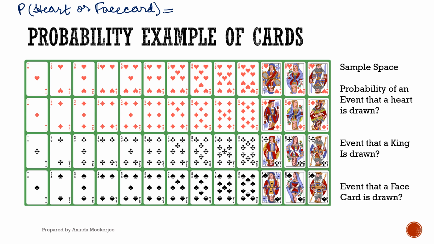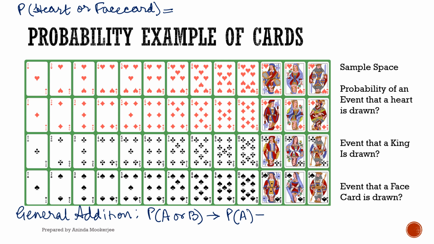The general addition rule states, and I'm going to write it down here at the bottom, the general addition rule says that the probability of A or B occurring would be calculated using the formula probability of A plus probability of B, and from that subtract the common events, the probability of the events when A and B can occur together.